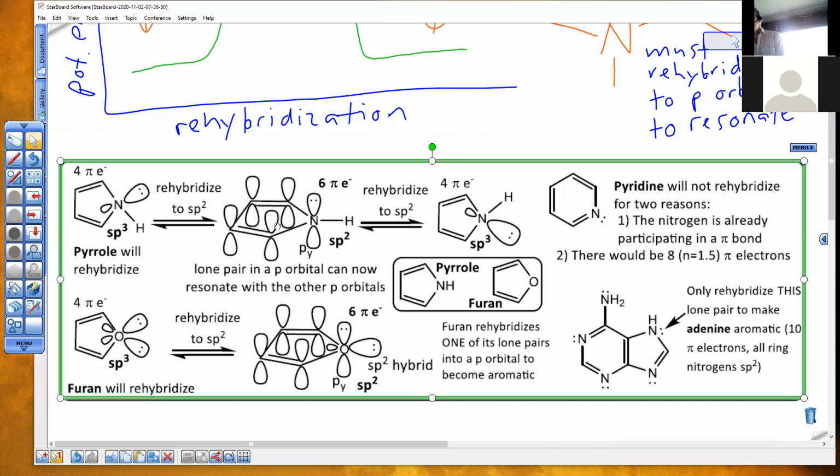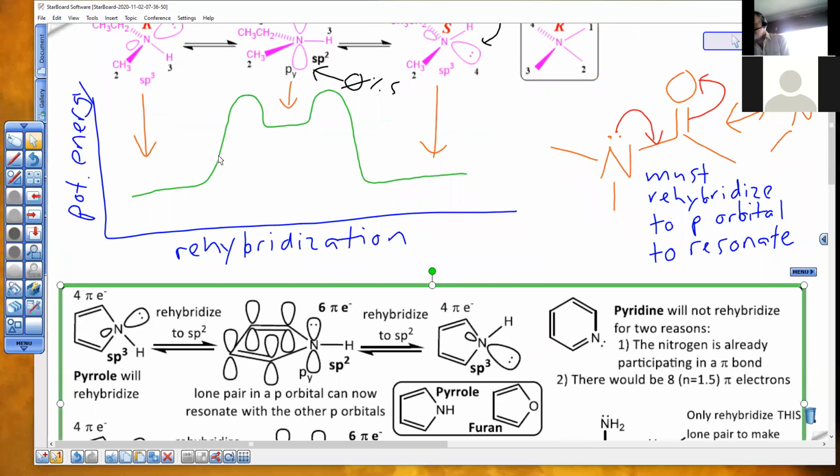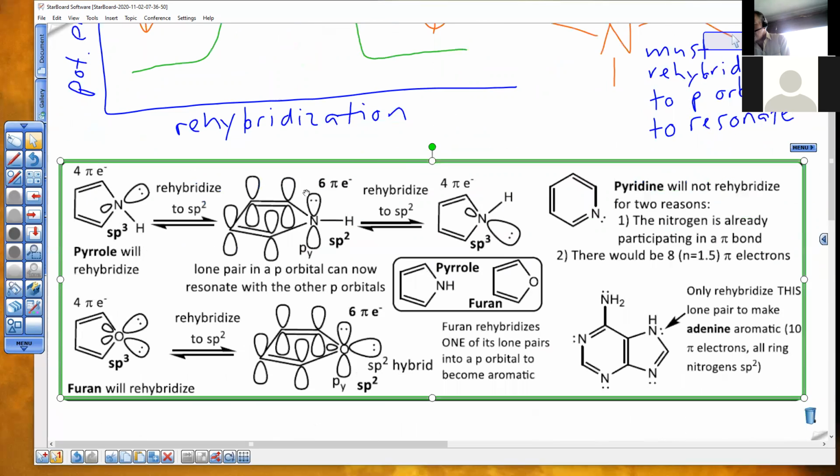And that would definitely lower the barrier of rehybridizing for this diagram to much lower, because this molecule is stabilized by what? What's it called again? Special kind of stability where you have the right number of pi electrons. You're flat. Every atom can resonate. What's that called? This kind of resonance?